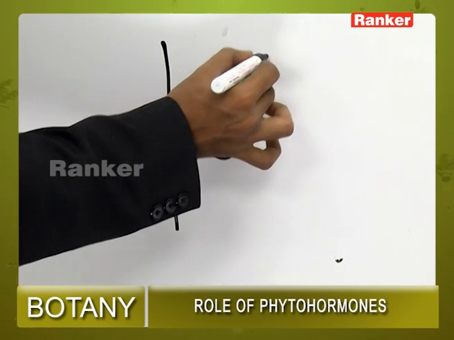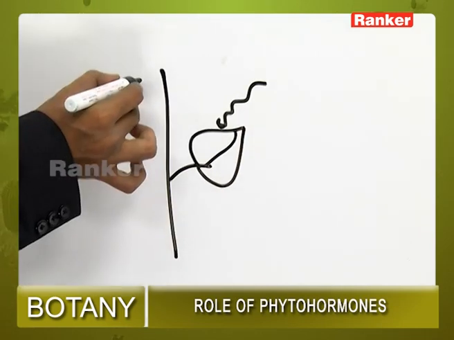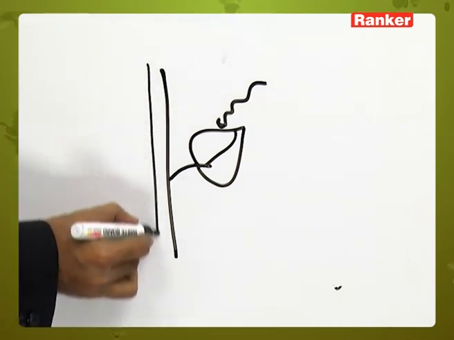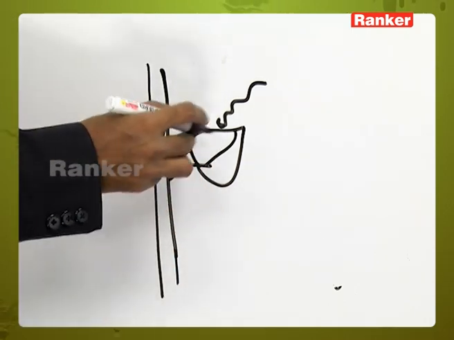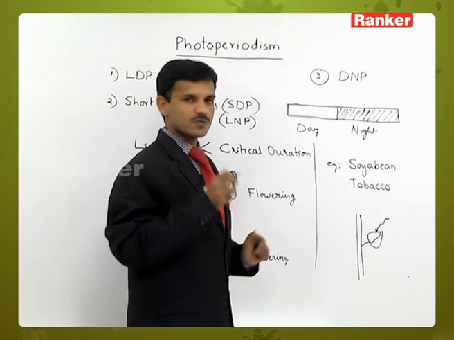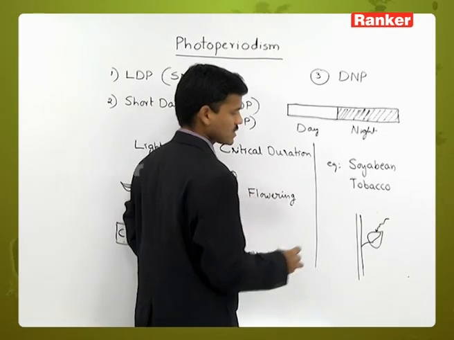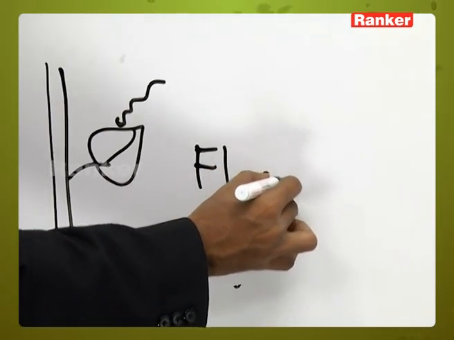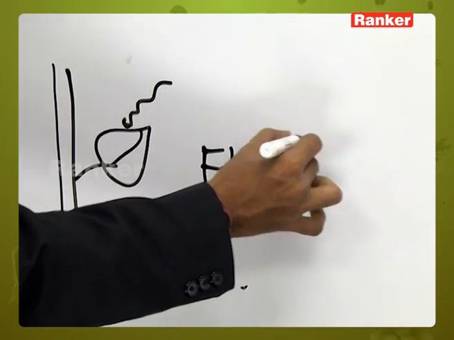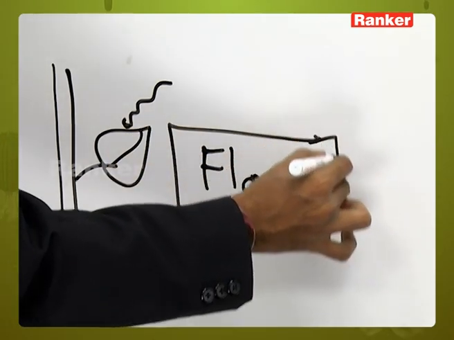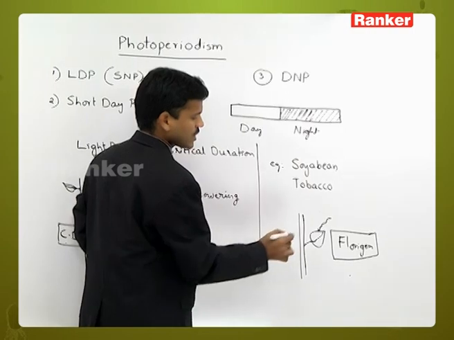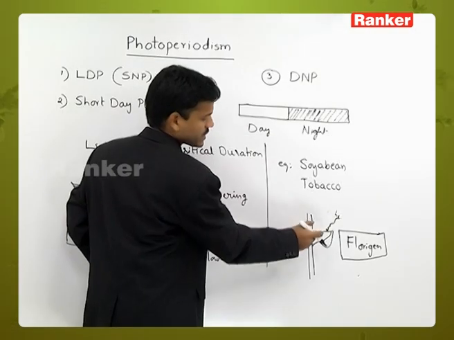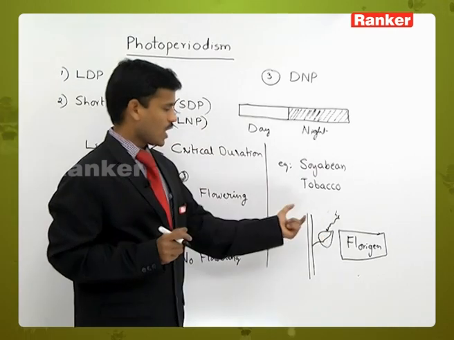The leaves perceive the light, and after absorbing the light, a hormone is produced inside the leaf. That hormone is the florigen hormone.